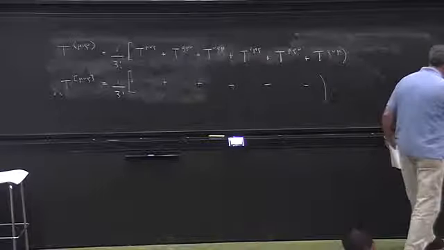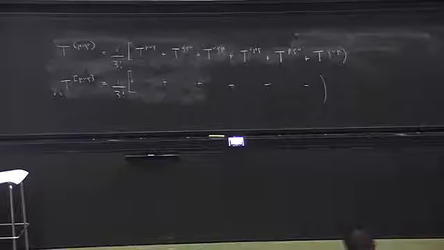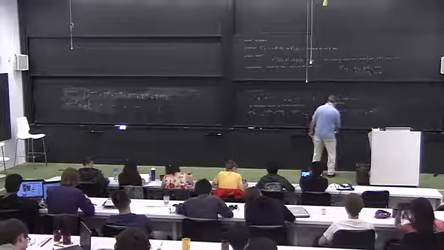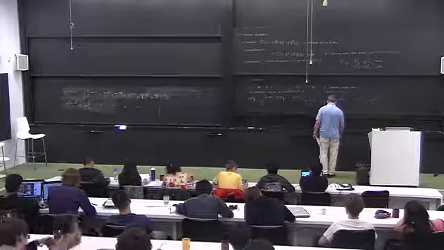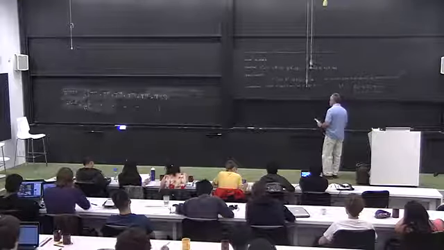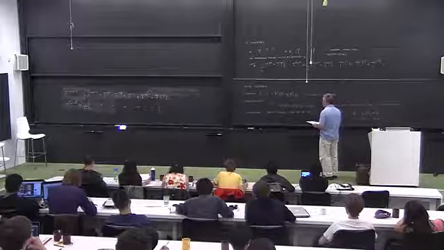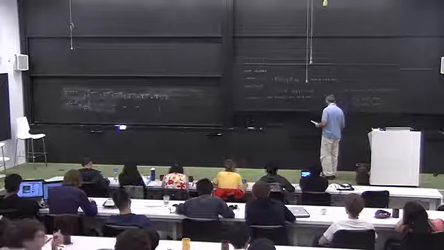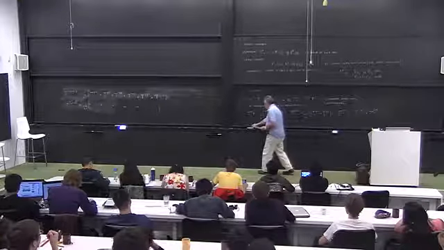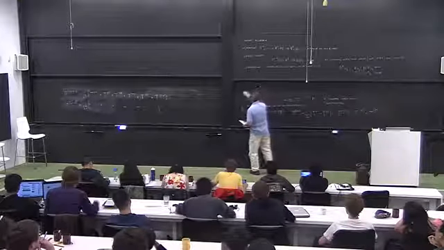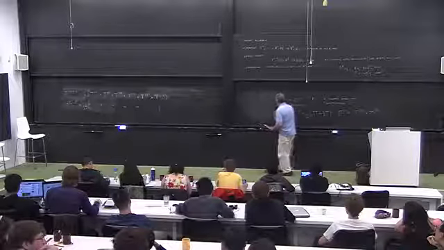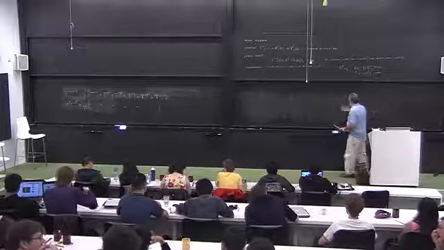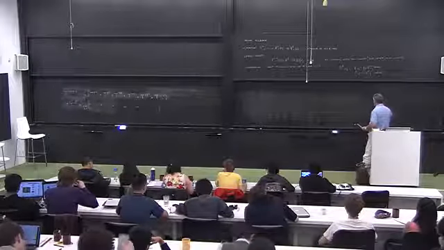Now, we've already introduced the Kronecker delta, which is the unit matrix, if you like. The Kronecker delta is 1 if the indices are equal and 0 otherwise.